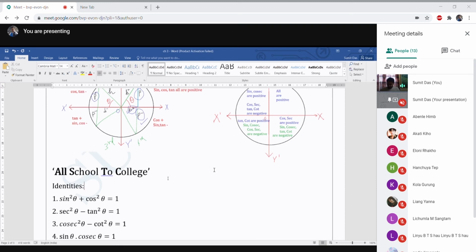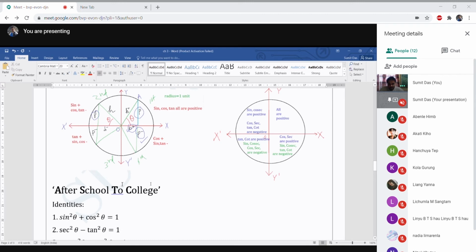Understood? Sorry, it is not all, it is after school to college. We used to go to college after school, right? So A denoting all, first quadrant.